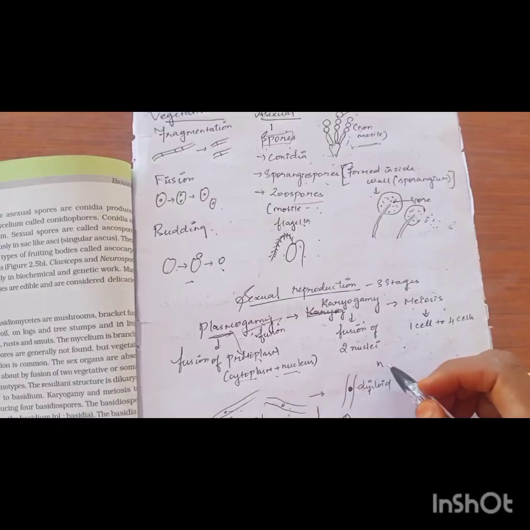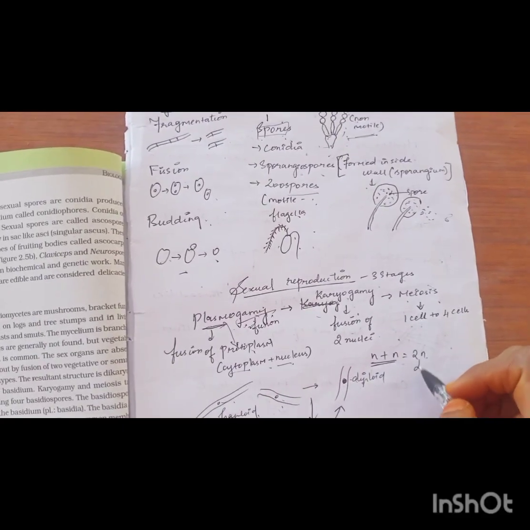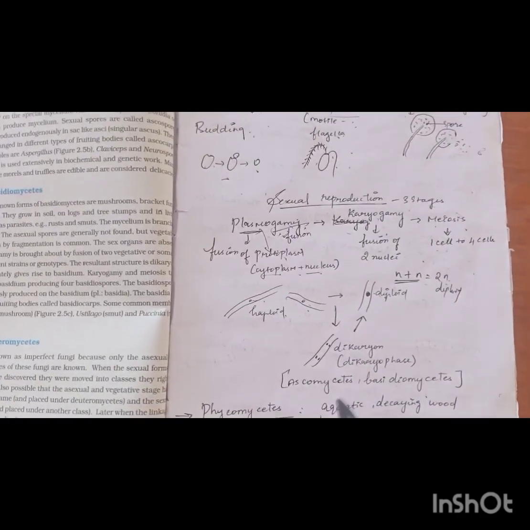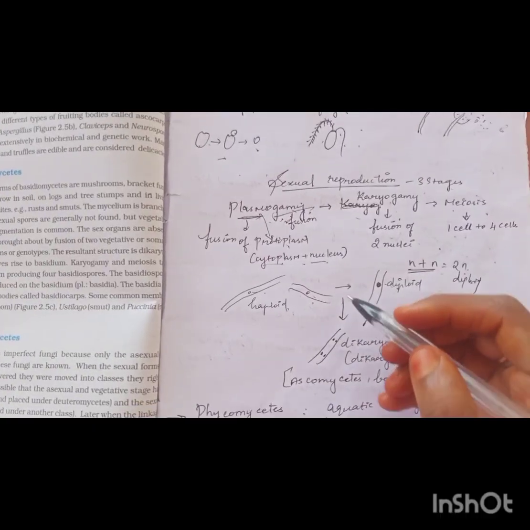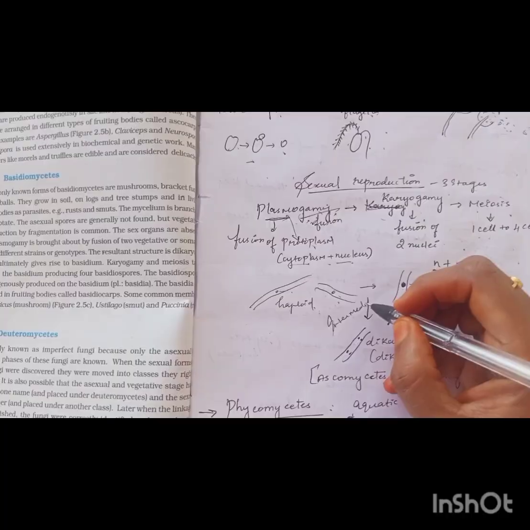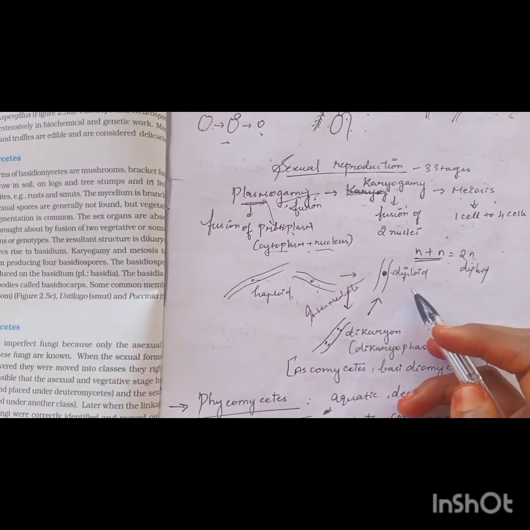Once they are together, it will be followed by fusion of the nucleus. Here a haploid nucleus and a haploid nucleus get fused, resulting in the formation of a diploid nucleus. In some cases, for example ascomycetes and basidiomycetes, there will be an intermediate stage where the immediate fusion of the nuclei will not take place.